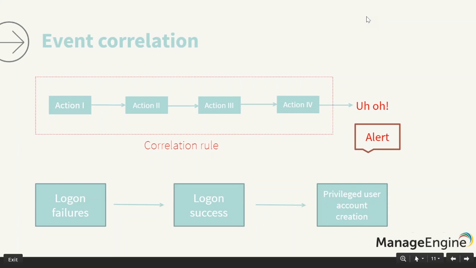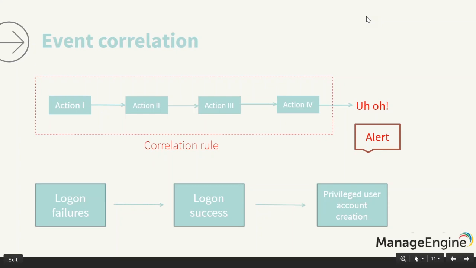The event correlation module of a SIEM solution can track this for you, right? Because if you were just relying on the raw logs, you would have, say, 10 logs for the logon failures, a log for the logon success, and a log for the privileged user account creation. So you have about 12 logs there. You can't get 12 alerts. You need just one alert when this entire sequence of events happens.